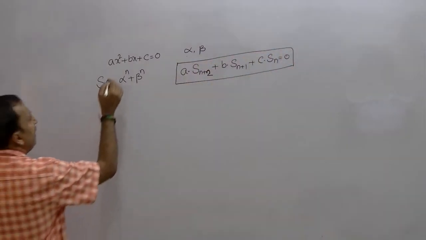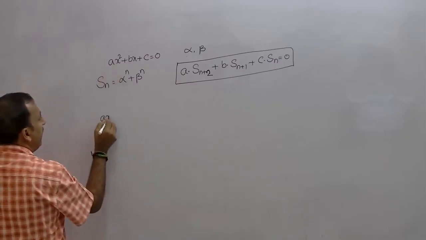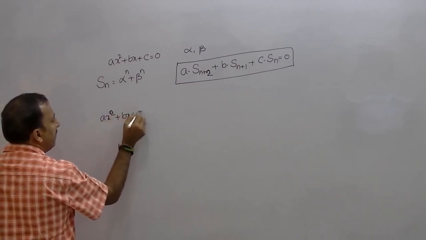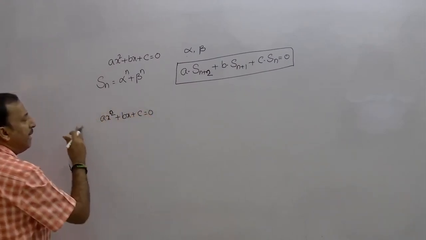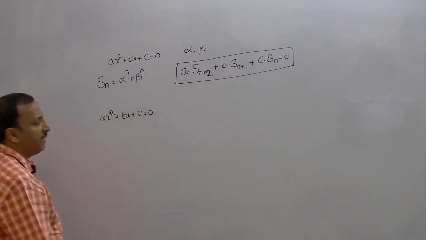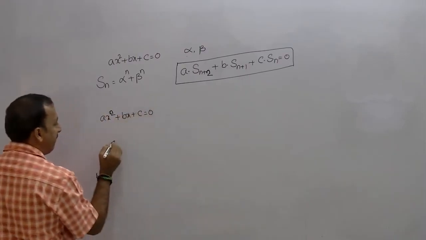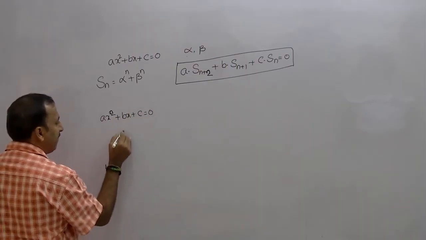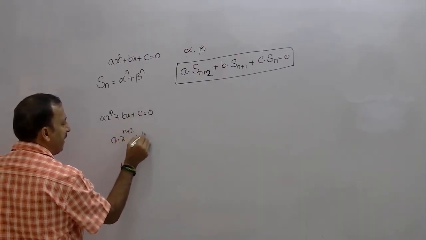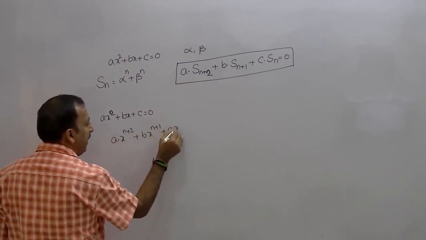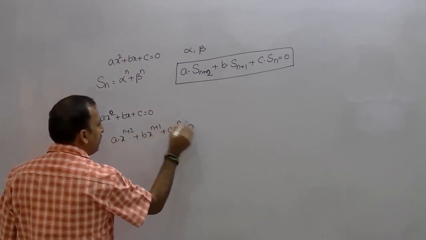See, simply see, a into x square plus b into x plus c is equal to 0. Multiply this equation by x power n, throughout the equation. a into x power n plus 2 plus b into x power n plus 1 plus c into x power n is equal to 0.